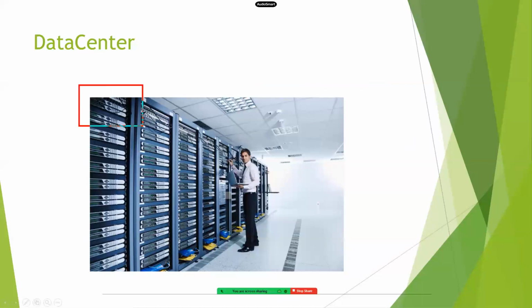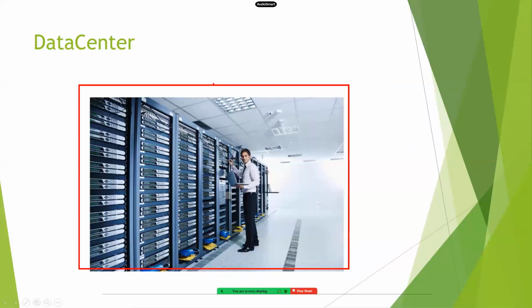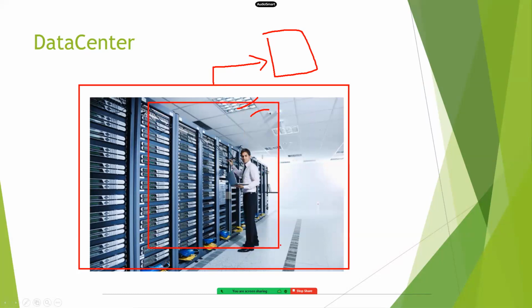Yes, one is space. Space in the sense we have to purchase the land, then we have to construct the data centers as per rules, regulations and guidelines provided by the government. Other thing is power. Next, the construction, and we have to design the data center as per terms and conditions.